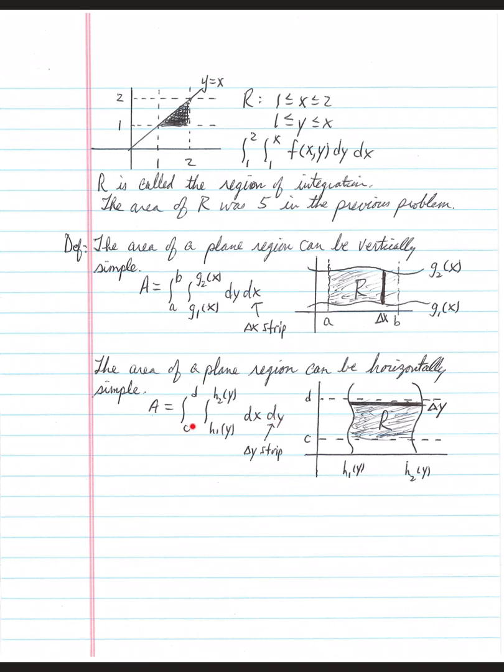The first integral will be the parameters, I guess you could say, the limits from bottom to top in the y direction. And then the inside will be your differential of x, and it'll be the right function minus the left function, the cutoffs of the right and the left respectively. The lower will be the left cutoff, the upper will be the right cutoff.